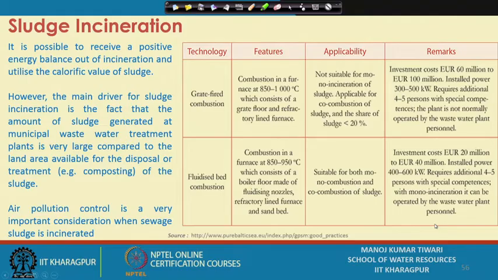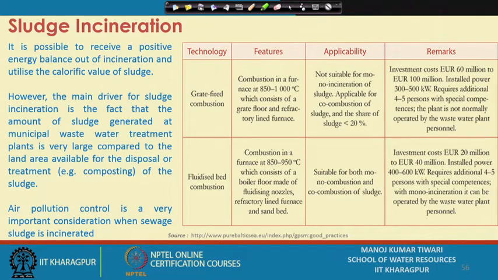Now, in fact it is not a necessity, but we may go for sludge incineration. There are two motivations which tend to take us towards sludge incineration. The first thing is the idea of generating energy from the sludge. So, it is possible to receive a positive energy balance out of the incineration and utilize the calorific value of the sludge.